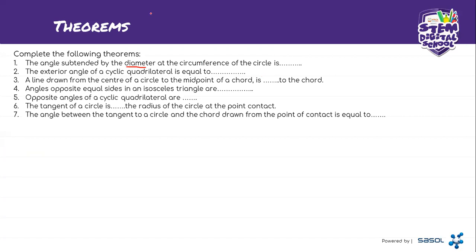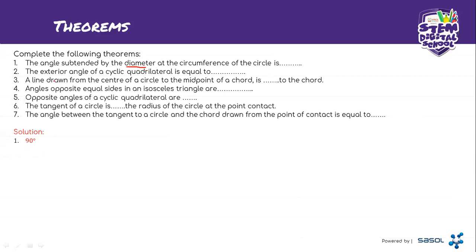Now let's see how we get the answer for this one, where it says the angle subtended by the diameter at the circumference of the circle is 90 degrees. Meaning when you have a diameter and then the angle subtended by that particular diameter, then it's going to form an angle of 90 degrees, all right? So hence they are saying the angle formed by that diameter is equal to 90 degrees.